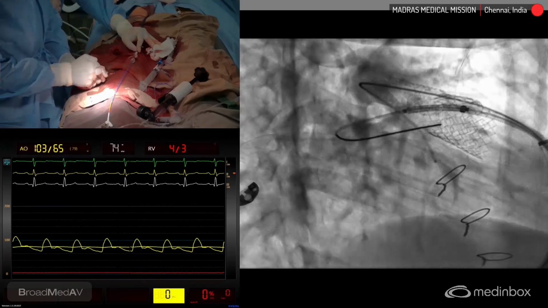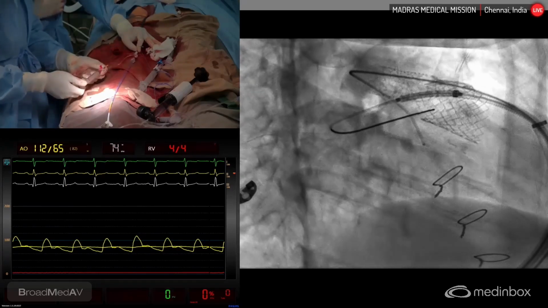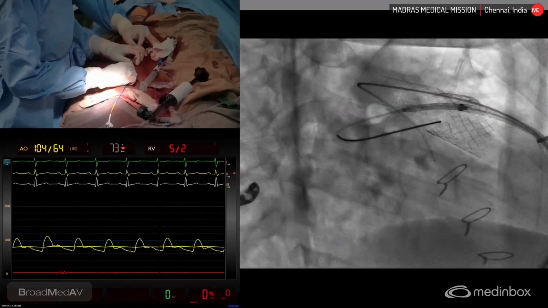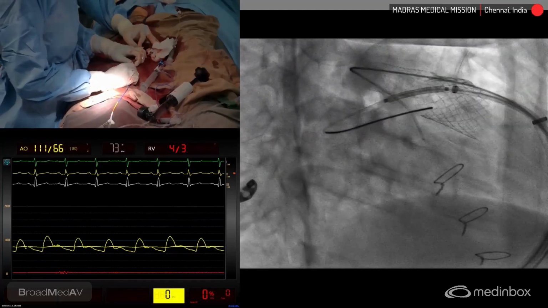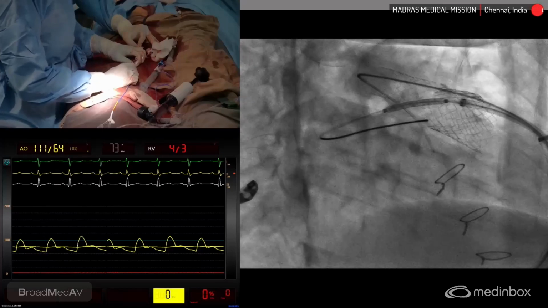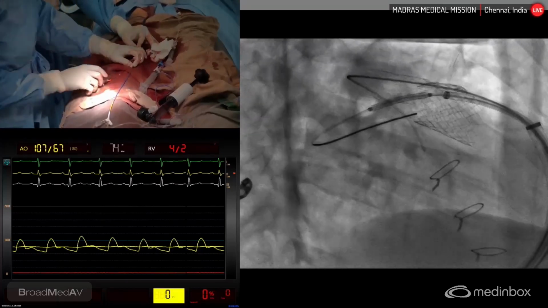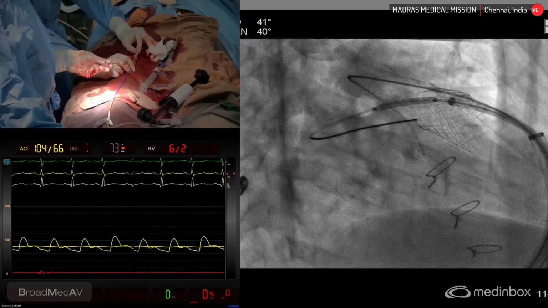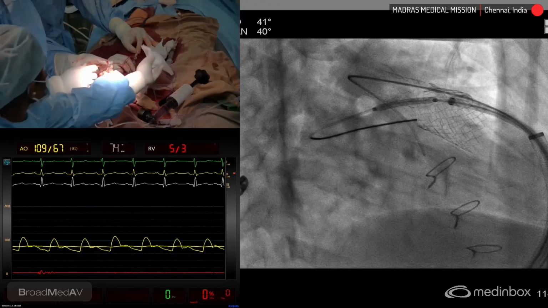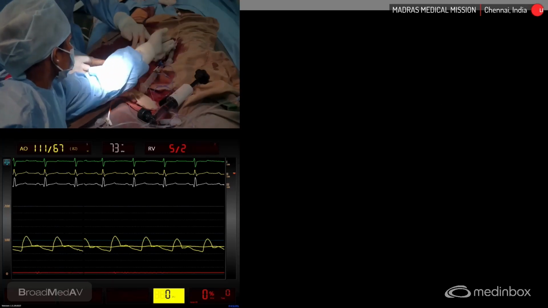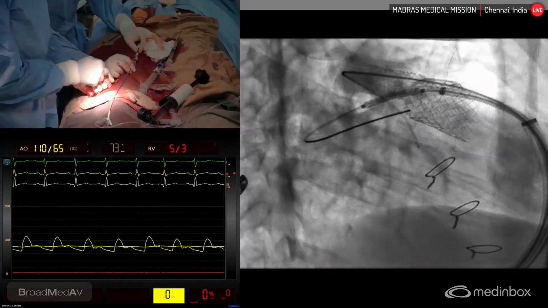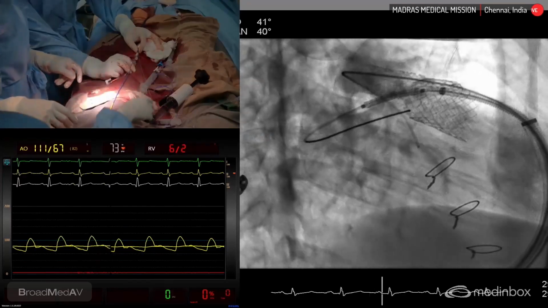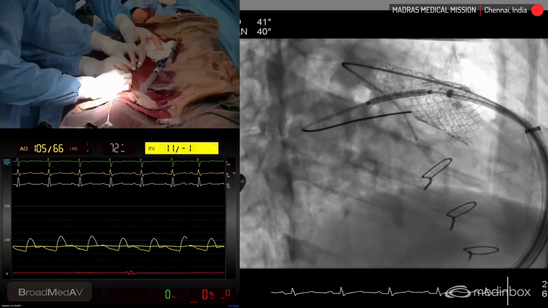Checking the position of the right pulmonary artery. So we are advancing the stent deeper. So we are expanding the stent here.